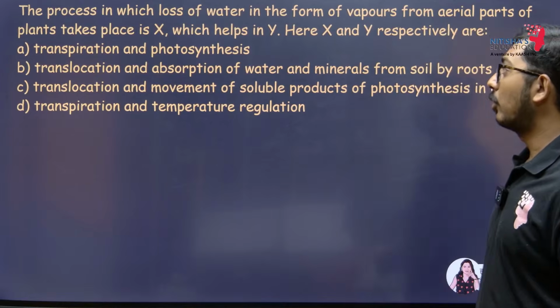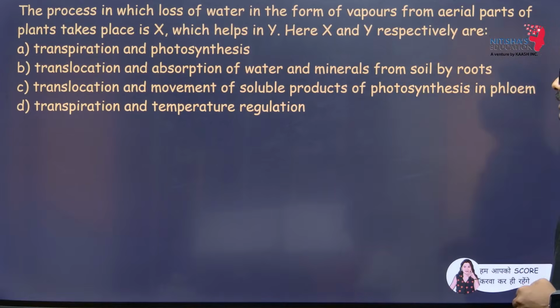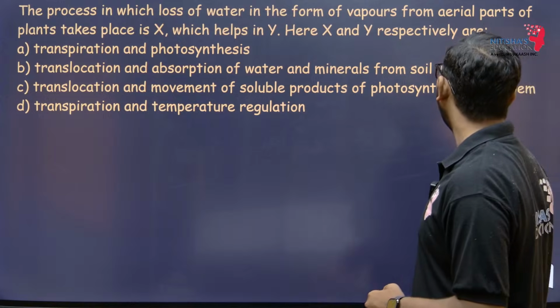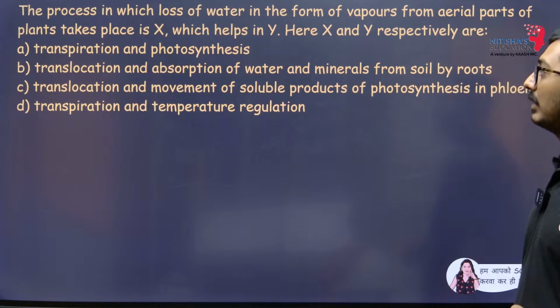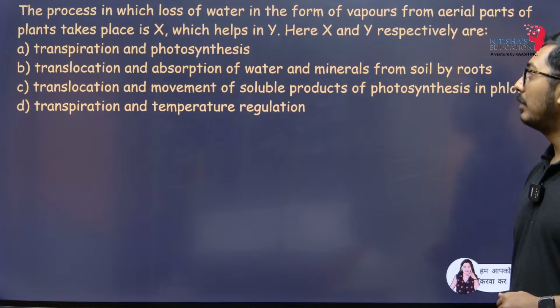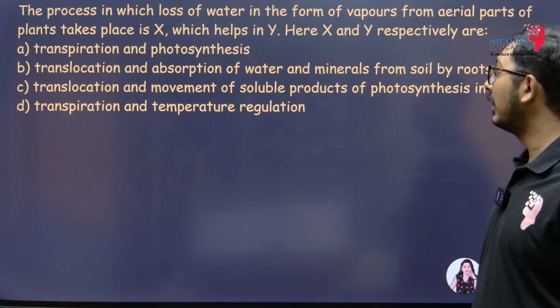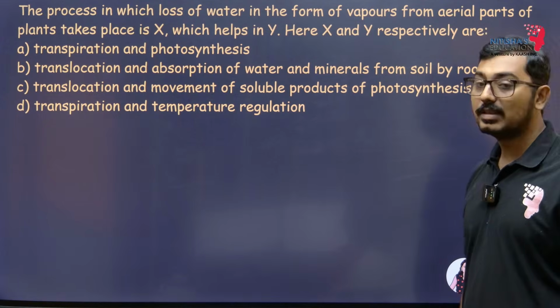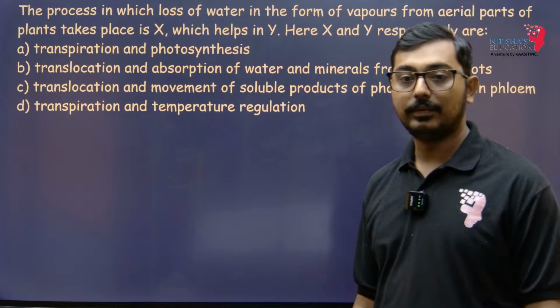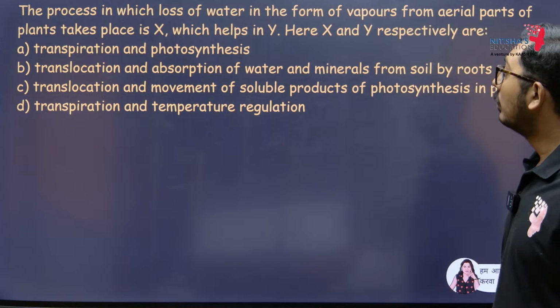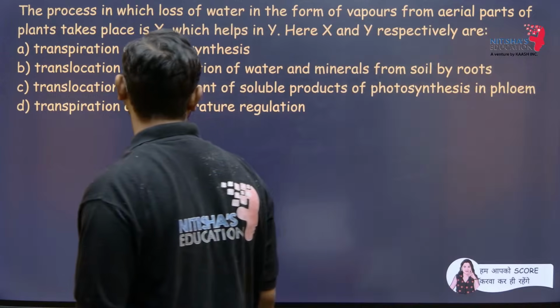Next: the process in which loss of water in the form of vapors from aerial parts of the plants takes place in X, which helps in Y. What will be considered as X and Y?